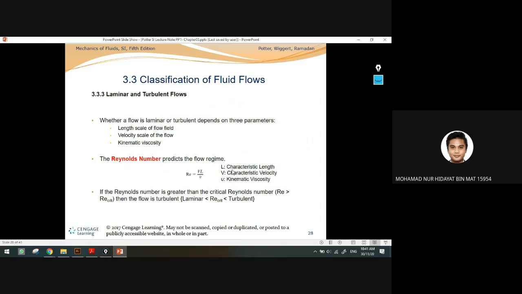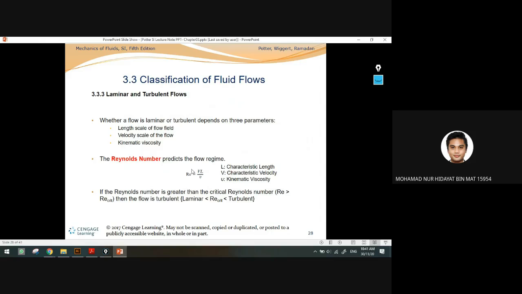When the flow velocity is high, more than the critical Reynolds number, we consider it turbulent. When the Reynolds number you calculate is less than the critical Reynolds number, it is laminar.